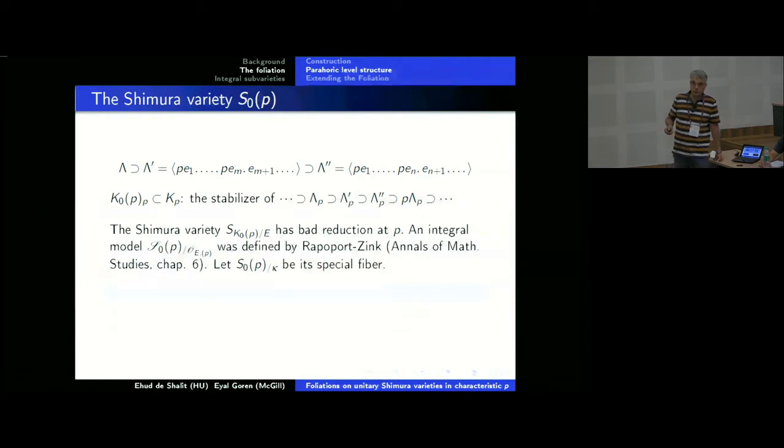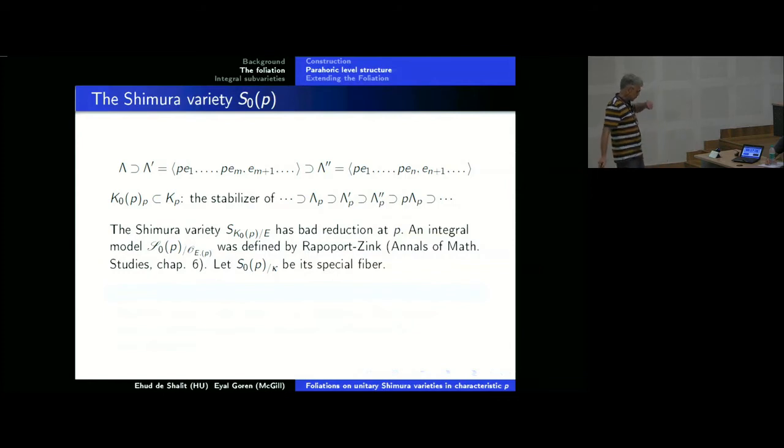And this is a chain of lattices, and I let K_0p, inside the hyperspecial maximal compact, be the stabilizer of this chain of lattices. So if you know the Bruhat-Tits building, this would be a stabilizer of an edge.